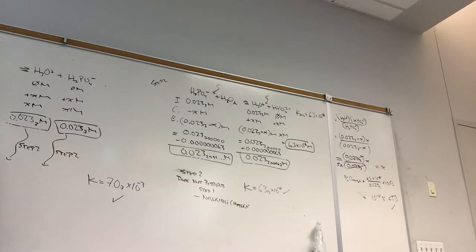Let me put this in parentheses here. For polyprotic acids, if the magnitude of K2 is 10 to the minus 1, 10 to the minus 2, maybe 10 to the minus 3, we'll say 10 to the minus 2, then step 2 is significant.